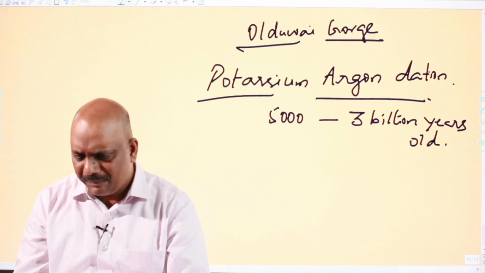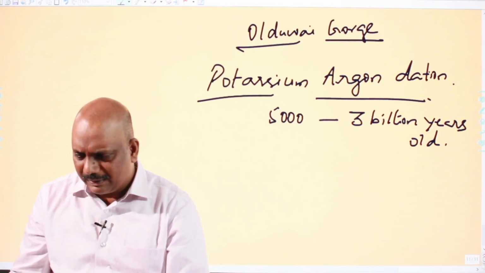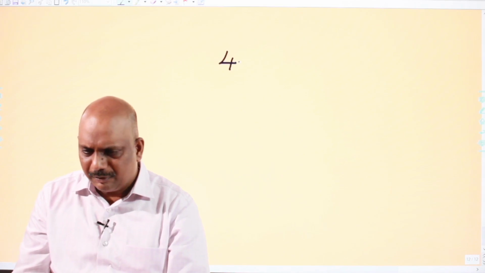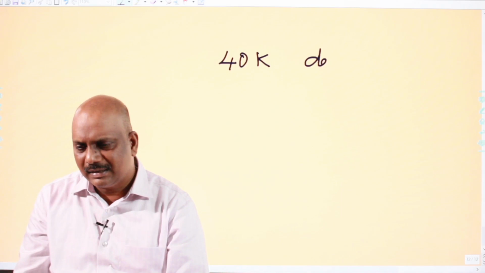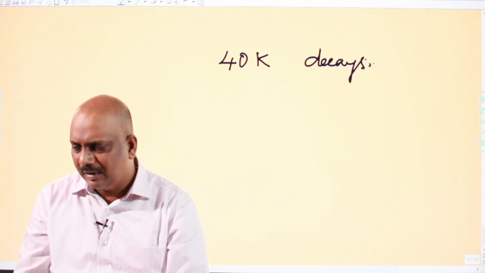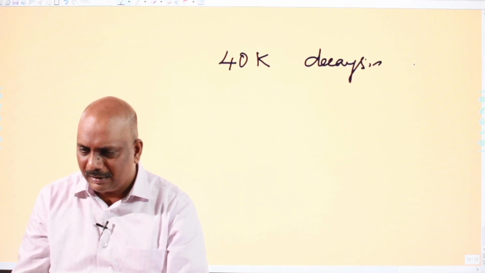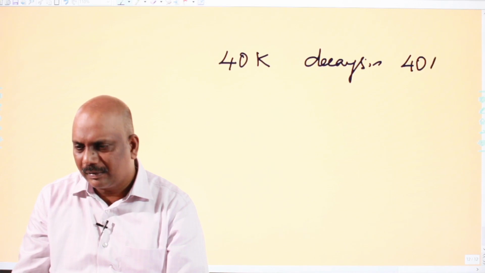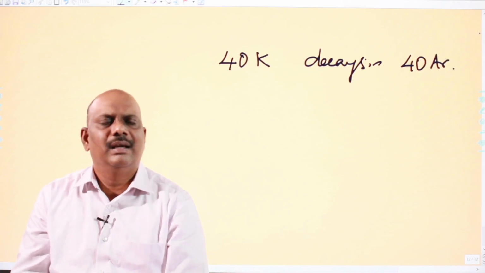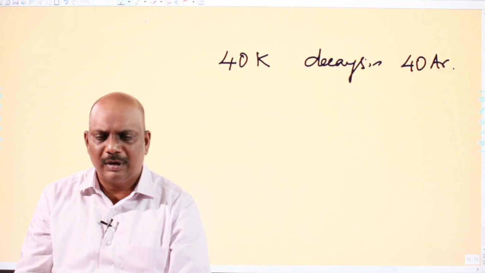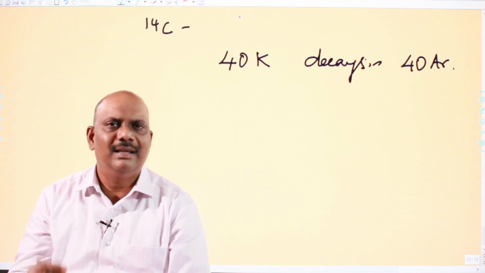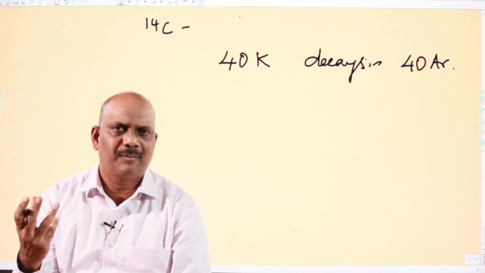I'll just tell you what exactly we are doing here. Potassium 40K decays into 40 argon. Earlier, in the first technique, radiocarbon dating, I told you that 14C decays at a known rate.